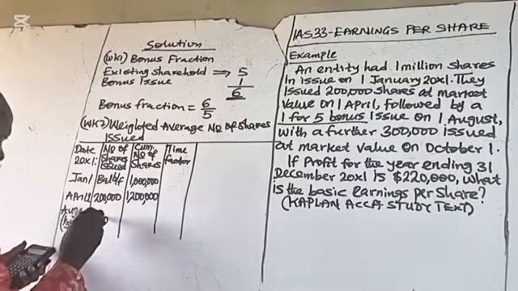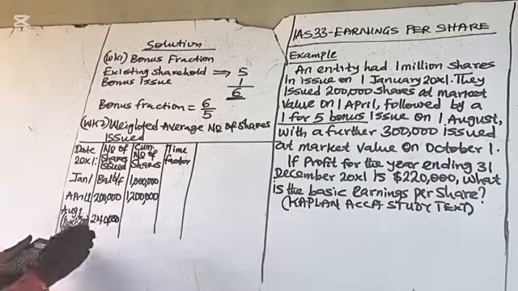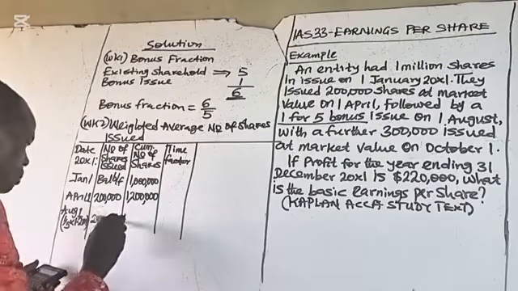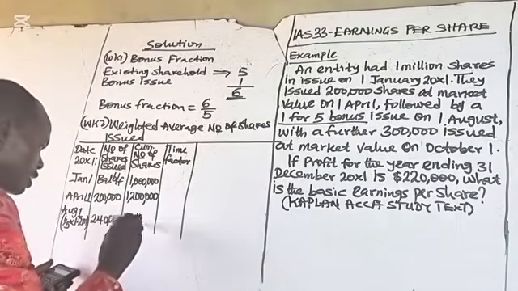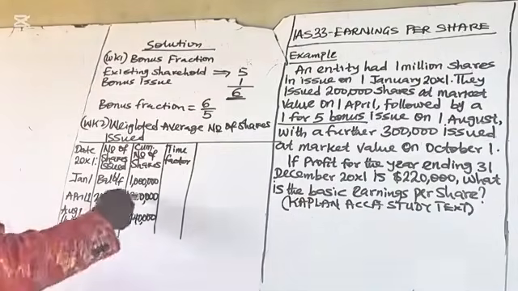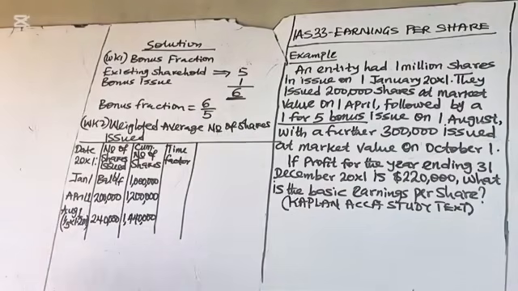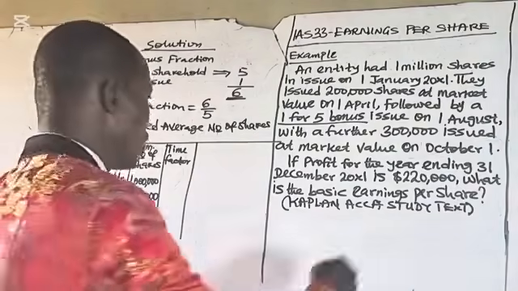The bonus issue is 240,000. The cumulative becomes 1,440,000. If you add 240,000 to 1.2 million, it gives you 1,440,000 shares. That is the bonus issue in August.